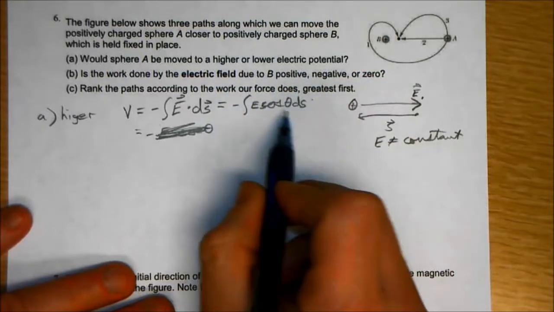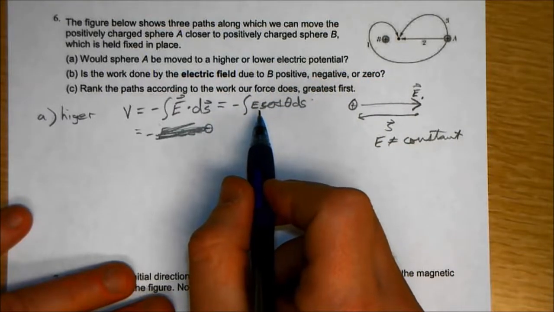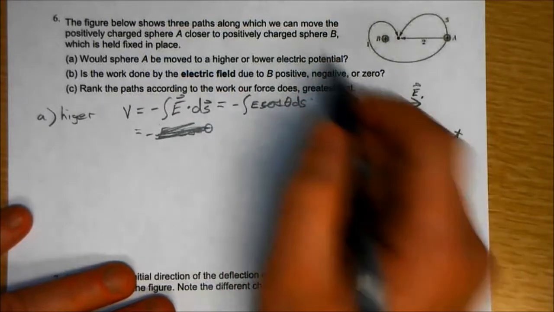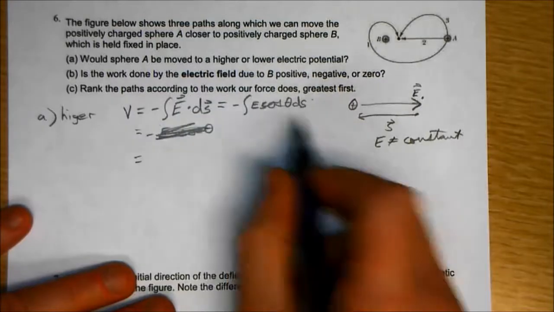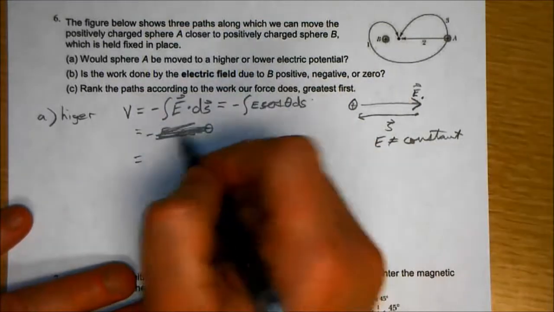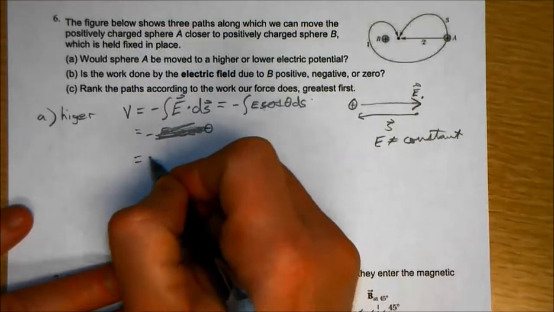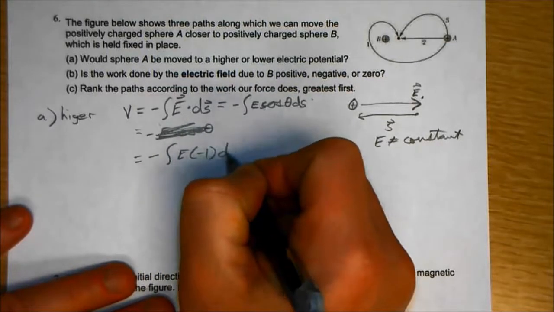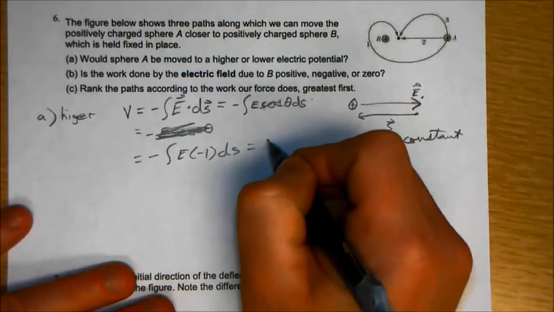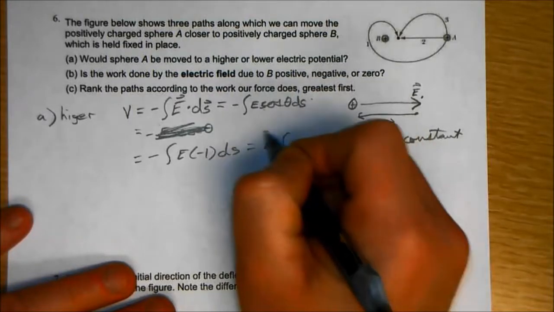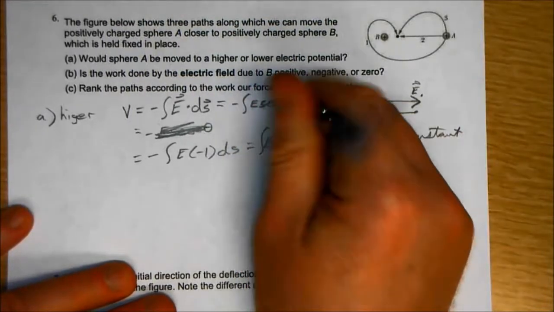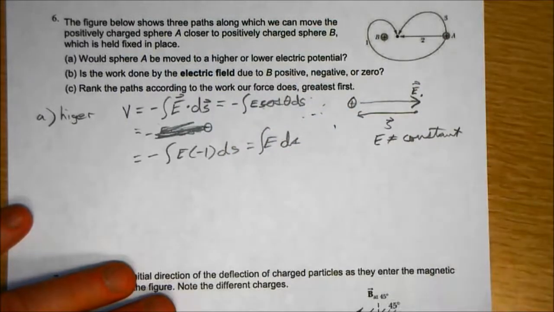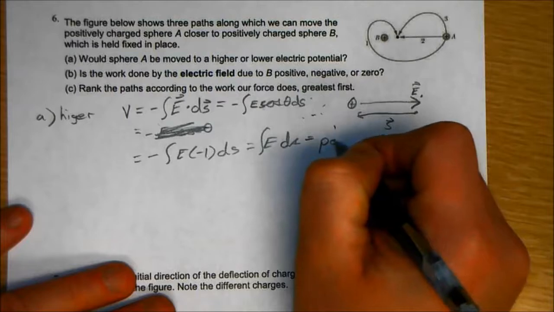But we don't have to integrate theta because it's constant, and it's going to be constant 180. So this is negative integral of E times negative 1 ds, or just the integral of E ds, which is positive.